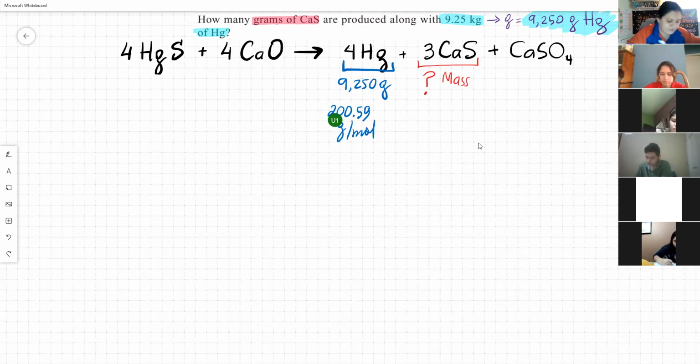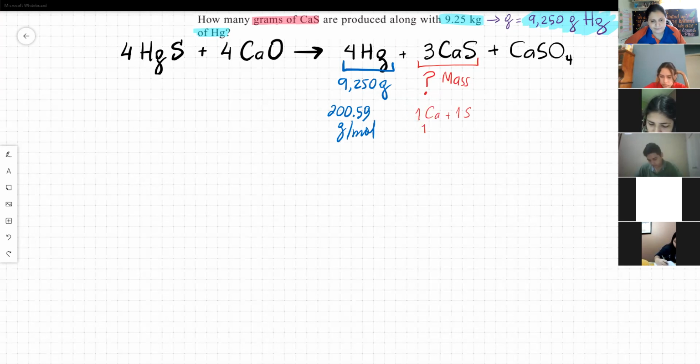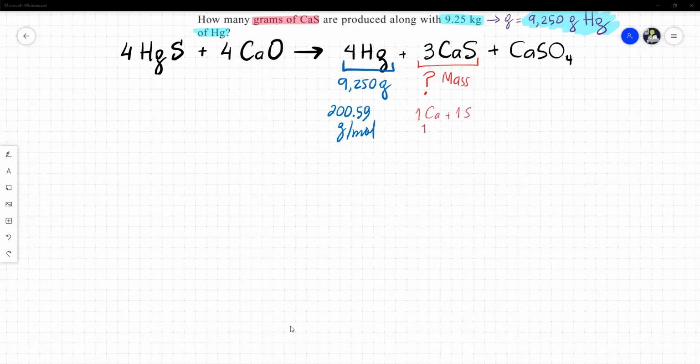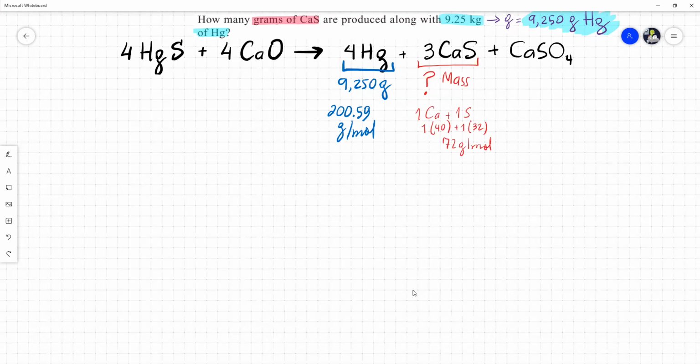And calcium sulfide is 1 calcium plus 1 sulfur. I forgot what the calcium mass is. 40. So it is 1 times 40 plus 1 times 32. So this is going to give me 72 grams per mole. I rounded it, okay? It's okay. You can use it like that.